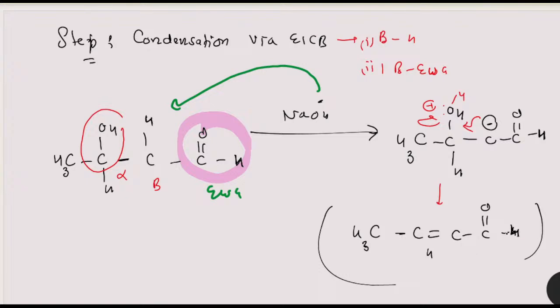In total there are mainly three steps, but if heat is there, you have to go with step number four as well. That is the condensation step, or the condensation via E1cB mechanism. This is all for the aldol condensation basic mechanism.